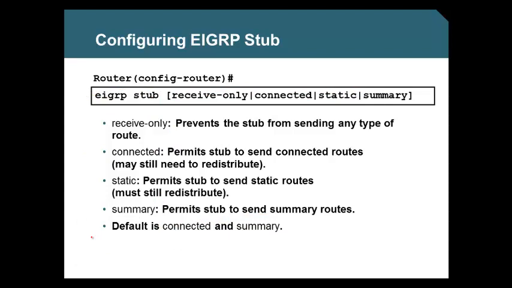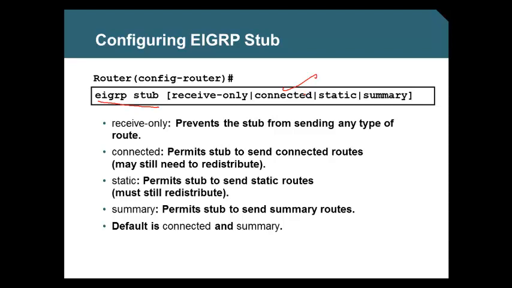What is stub connected? When I configure EIGRP stub connected, the router will advertise only the connected routes, meaning the networks that are assigned on that router on various interfaces, which is what we call connected.